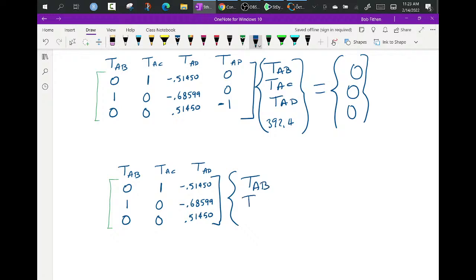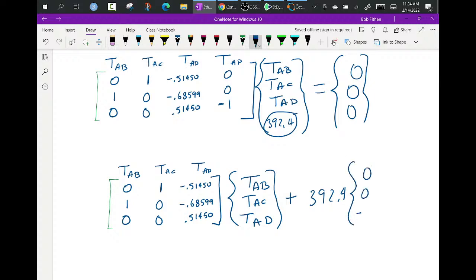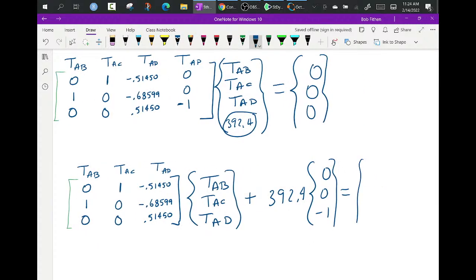TAB, TAC, and TAD. Now I've got to deal with this. If I multiply that times that row, what do I get? I get 392.4 times 0, 0, and minus 1. And that's got to equal 0, 0, 0.